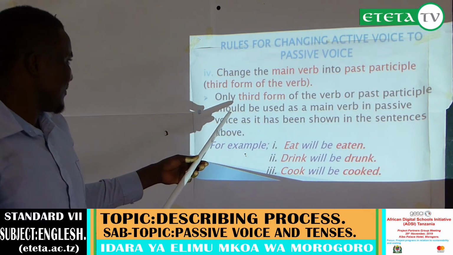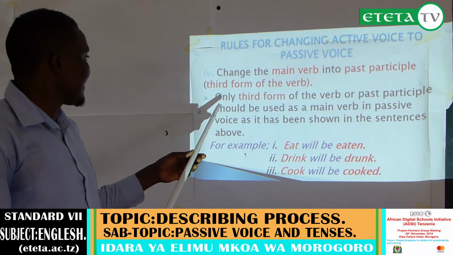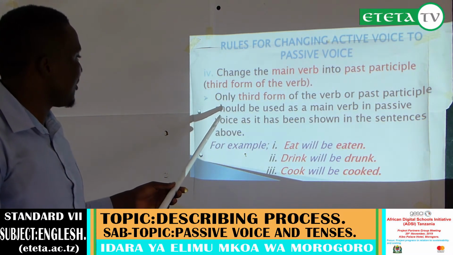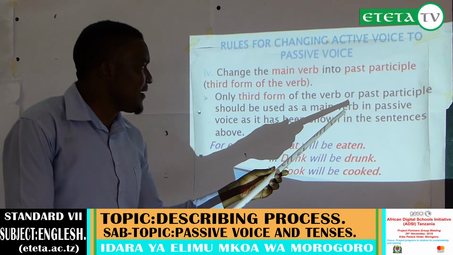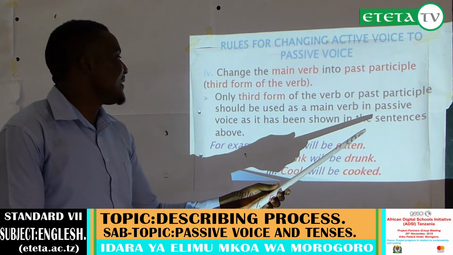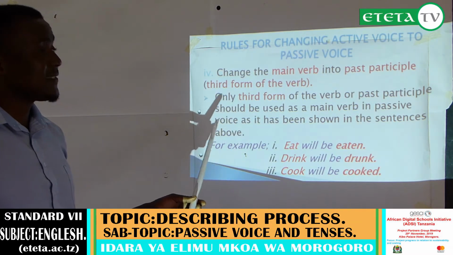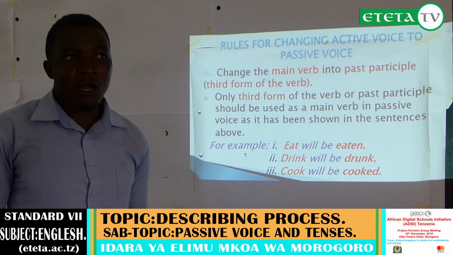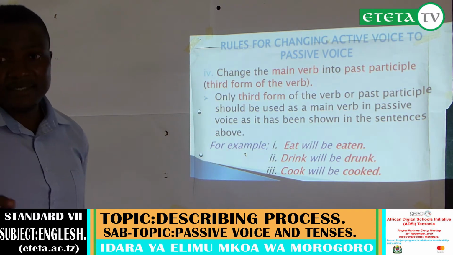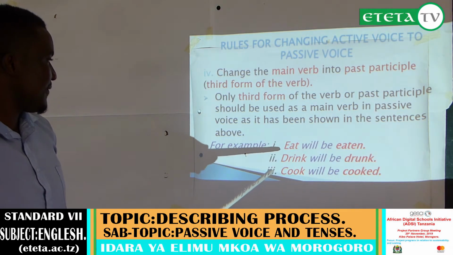Listen to the following expression: we said that only the third form of the verb, or past participle, should be used as the main verb in passive voice, as has been shown in the sentences above. As you have seen in some sentences above, the main verb is in past participle form. Now look at the following.